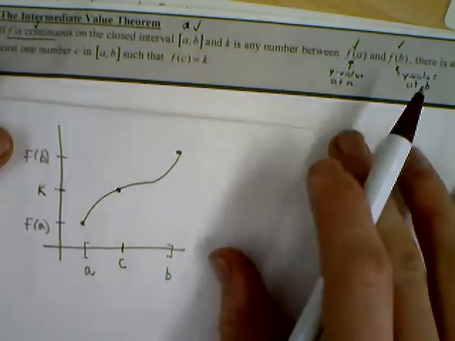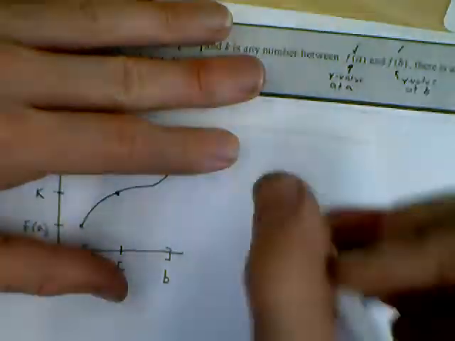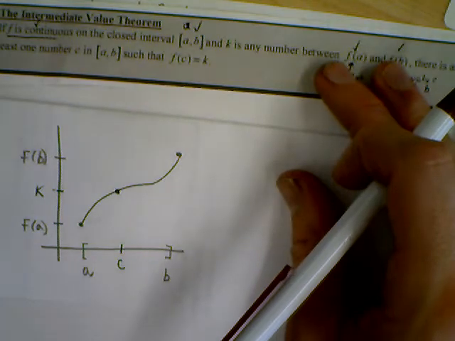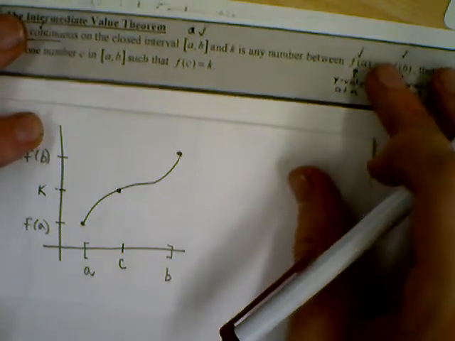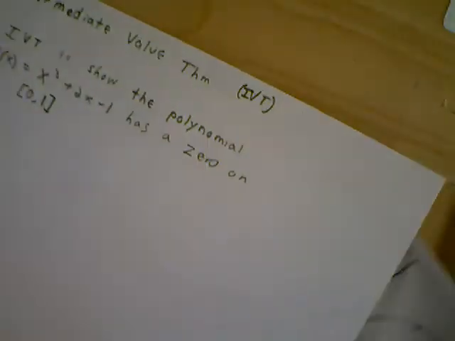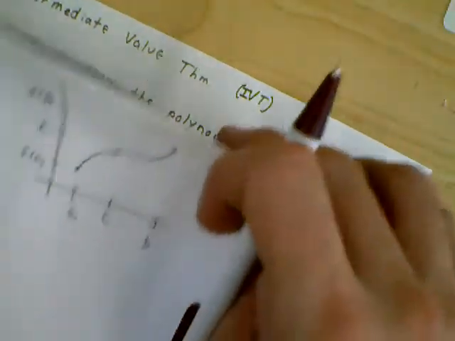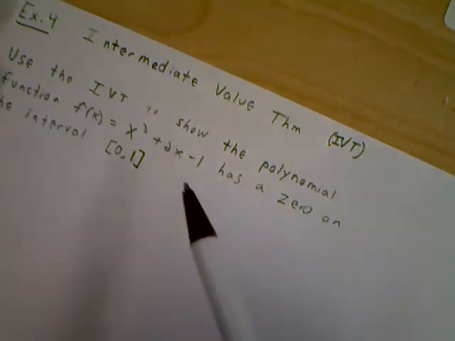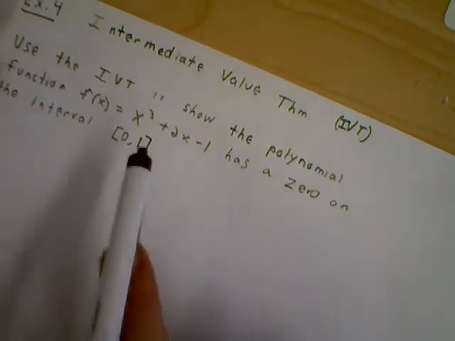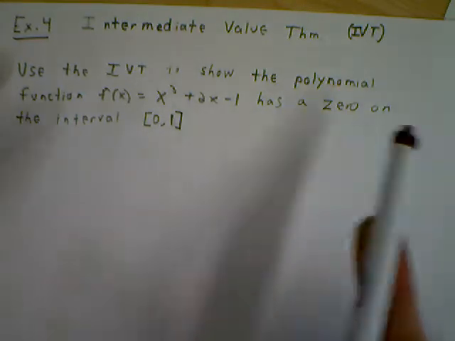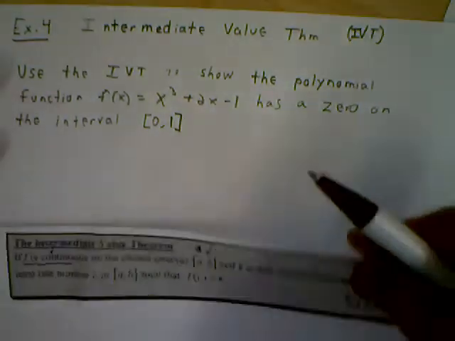A lot of times where you'll see applications of this is you'll have to show that a function has a zero. So for example, use the intermediate value theorem to show the polynomial function f of x equals x cubed plus 2x minus 1 has a 0 on the interval [0, 1].